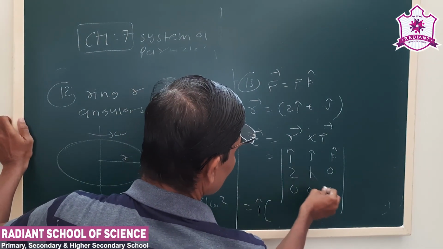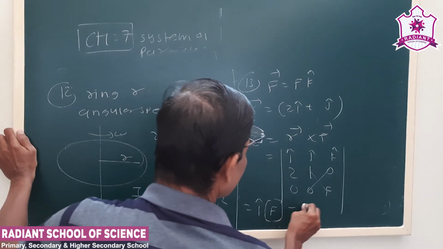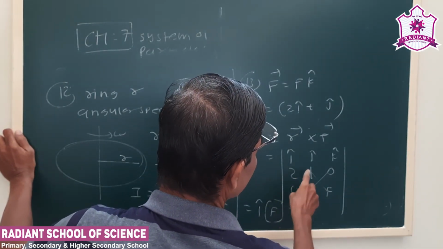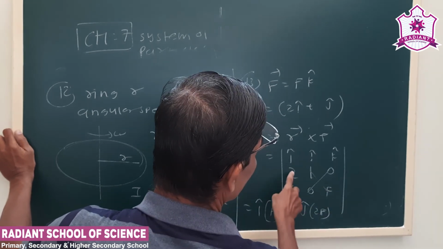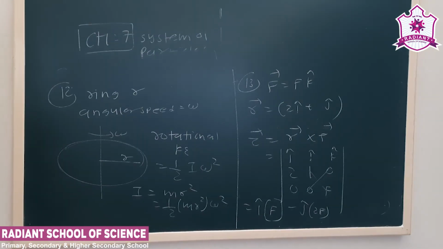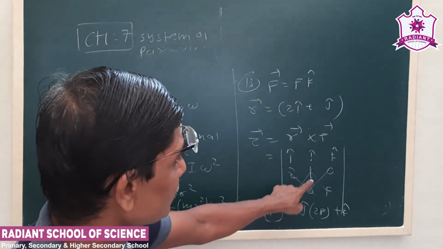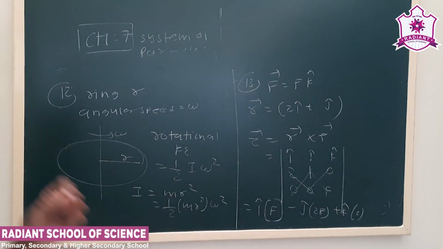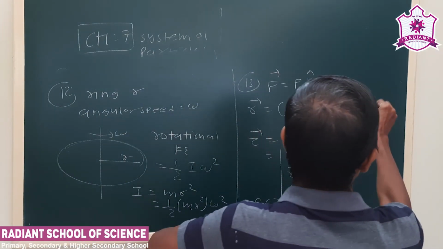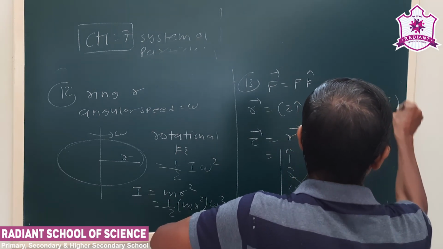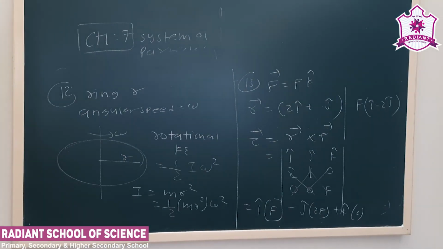I caret will be F minus 0. J caret will be minus 2 into F. Other component will be 0. Plus the k caret, right diagonal minus left diagonal, so 2 into 0 is 0, 1 minus 0. Now the force F we can take common. So the torque will be F times i minus 2j. Torque will be r cross F. This is how we can solve.